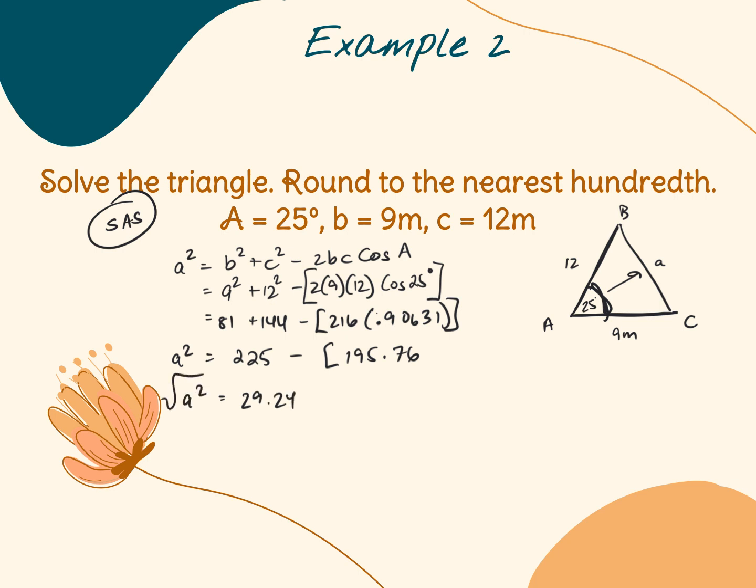And now you're taking the square root to find a. Since it's a length, I only have to do the positive answer. So that makes it kind of easy. The square root of 29.24 is equal to 5.407. So little a is 5.407.